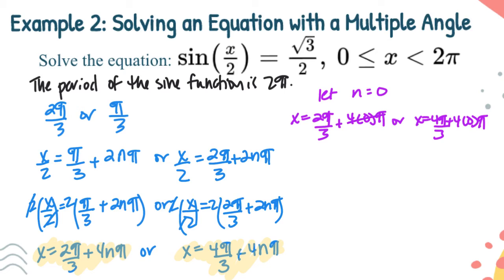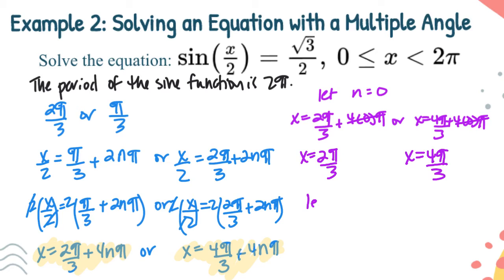Now these second terms cancel because we're multiplying 4 times 0 times pi, which all becomes 0. So we can bring down x equals 2 pi over 3 and x equals 4 pi over 3. And both of those solutions are between 0 and 2 pi, so we know that they're valid.